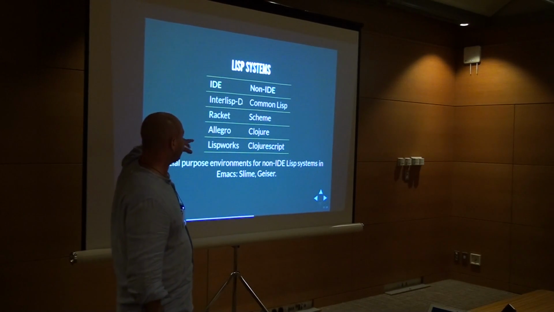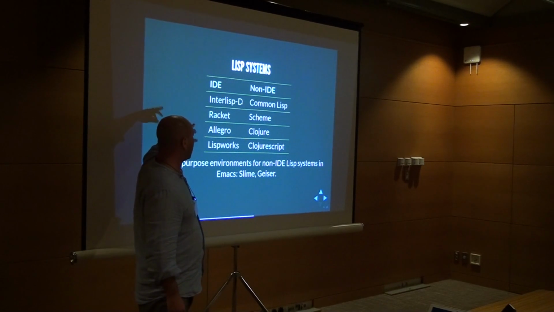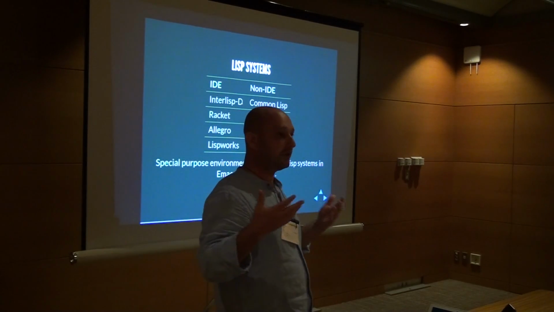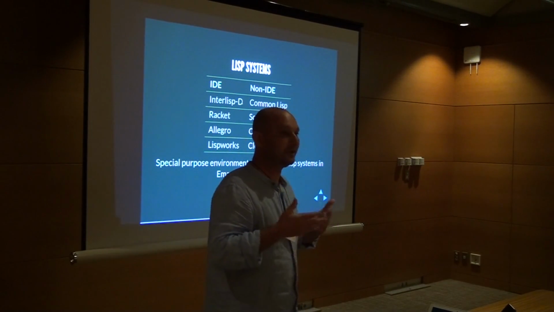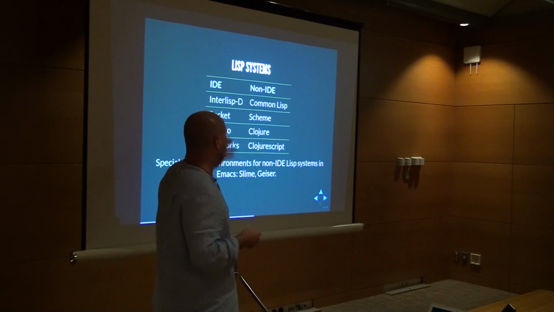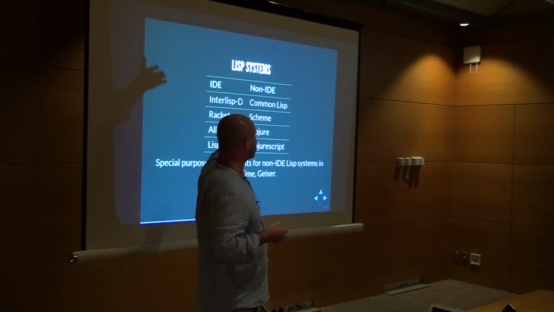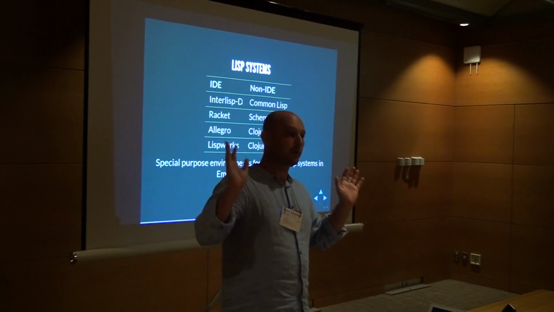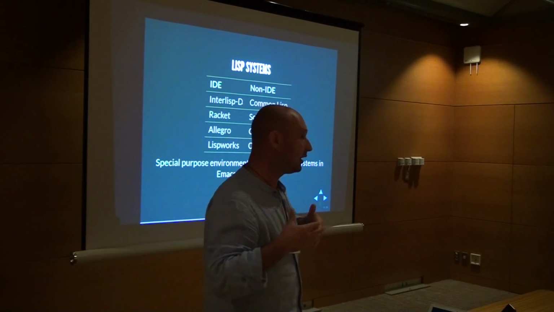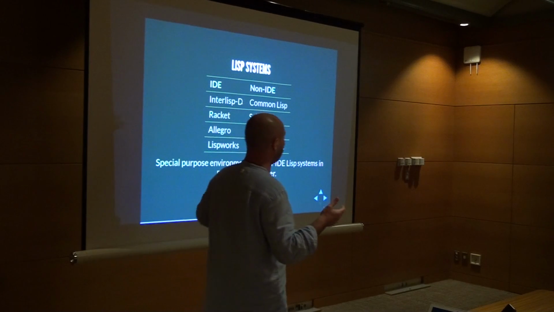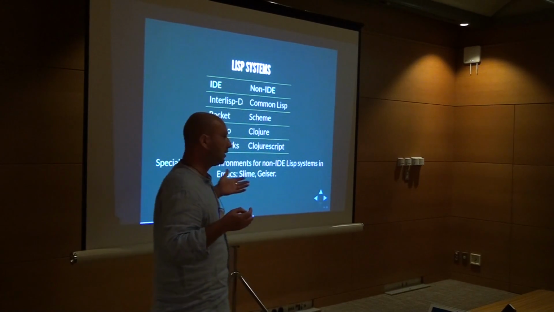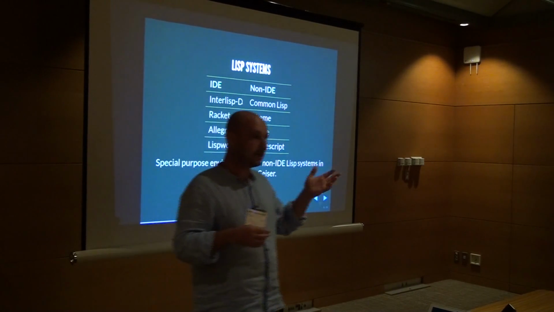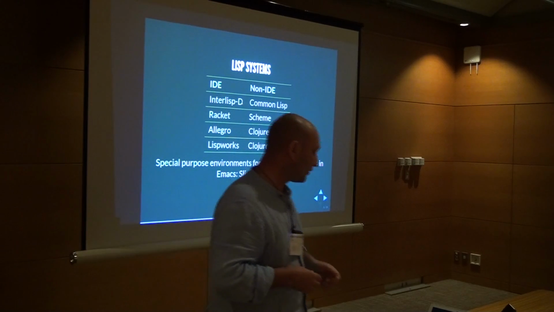So Interlisp-D, Racket, Allegro, and LispWorks all come with a fully integrated environment to help you develop interactively, while Common Lisp, most Schemes and Clojure come bare bones. They come with a REPL, and the environment comes as a special purpose environment in Emacs: SLIME, Geiser, and CIDER in the case of Clojure.